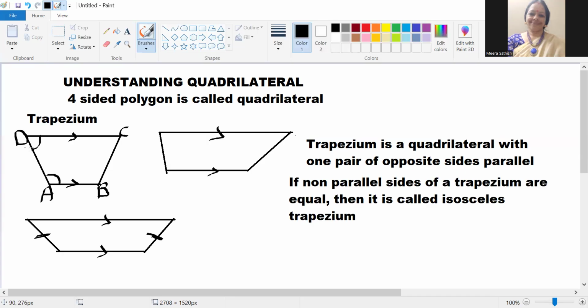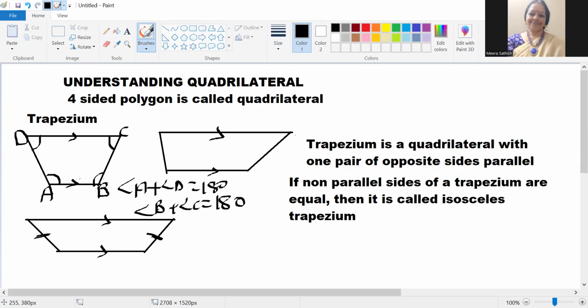AB and CD are parallel sides. So we call them co-interior angles. Similarly, angles B and C also. You learned co-interior angles in grade 7. Co-interior angles are supplementary. That means angle A plus angle D add up to 180. Similarly, angle B plus angle C also add up to 180.